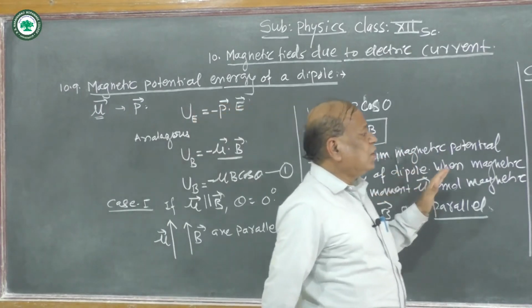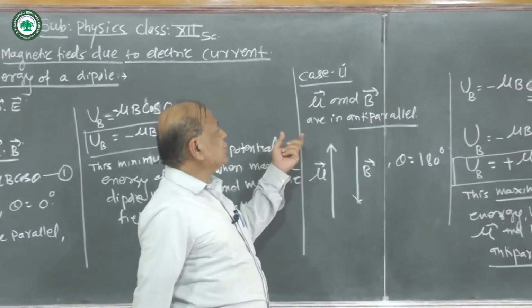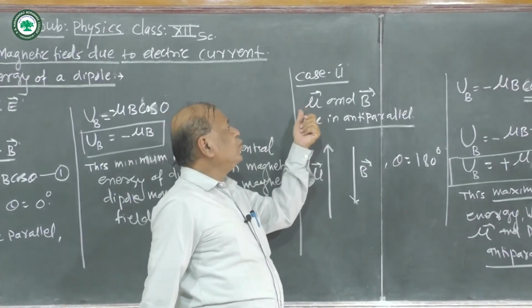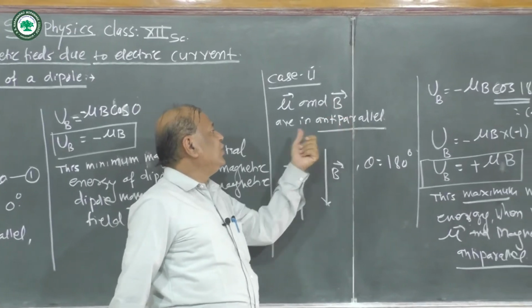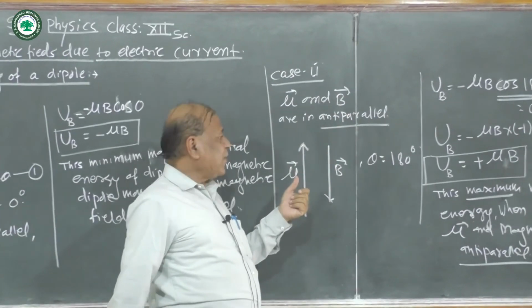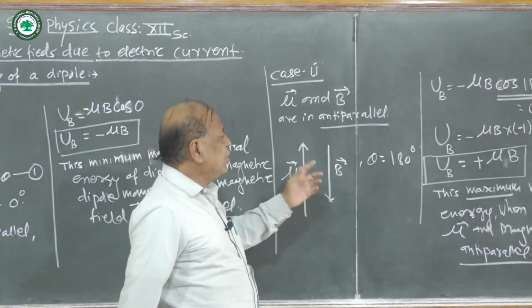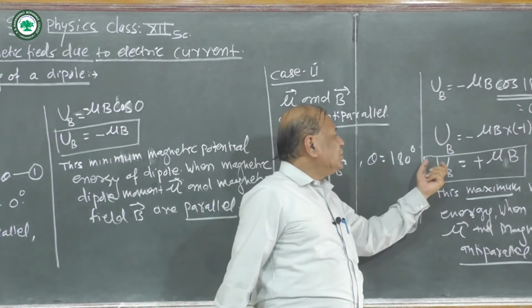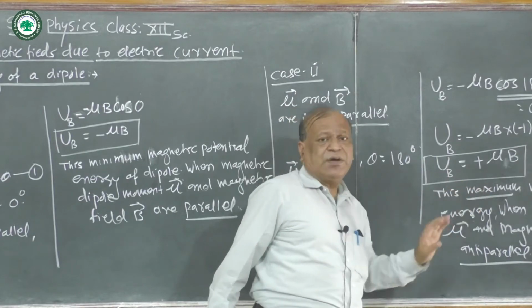For maximum magnetic potential, the magnetic dipole moment mu and magnetic field B are anti-parallel. At that time the value of magnetic potential energy is maximum.